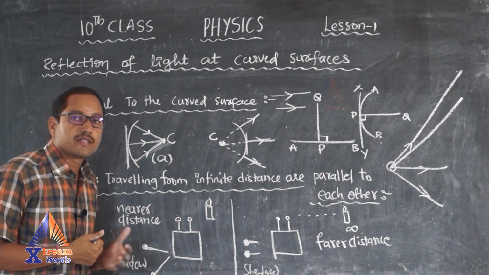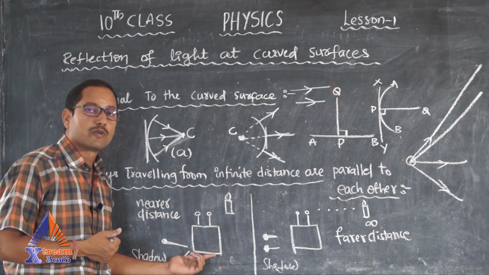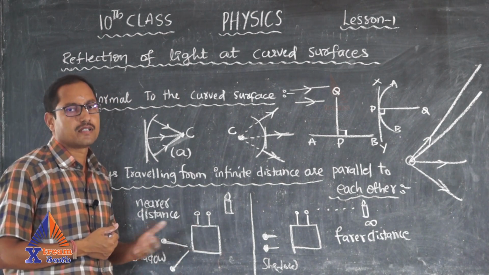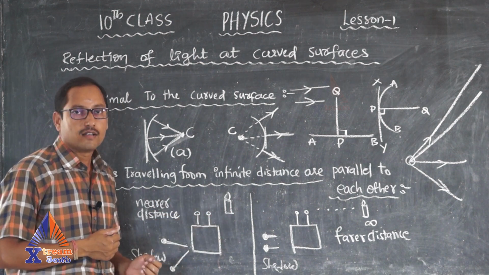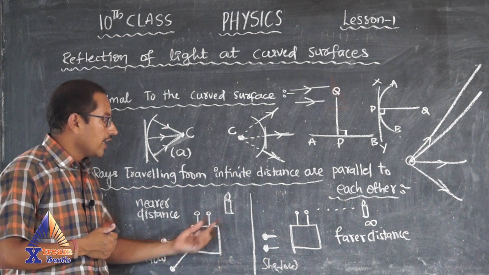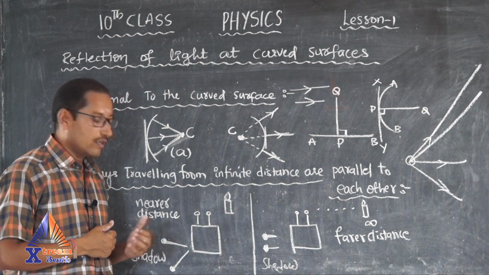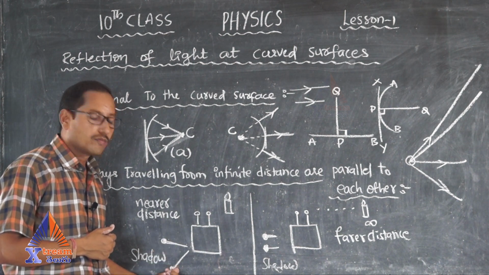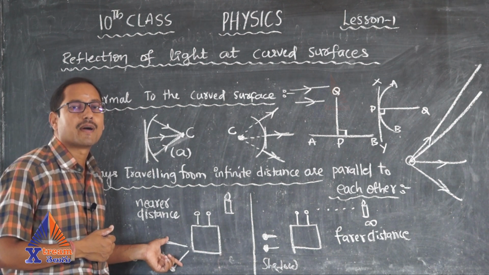Here, let us prove this via a small activity. Take a wooden block and insert 2 nails and keep it in probably a dark room. With the help of candle, try to observe the shadow on the other side. If you move candle nearer to this block and observe the shadow of those 2 nails, they won't be parallel to each other.